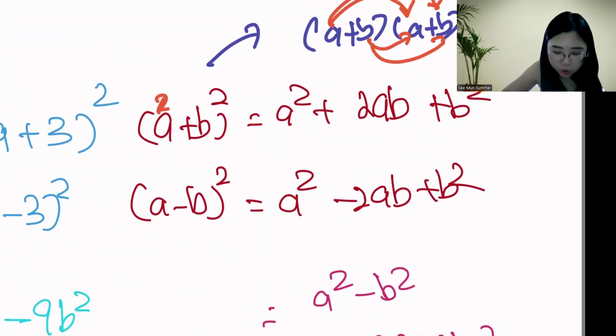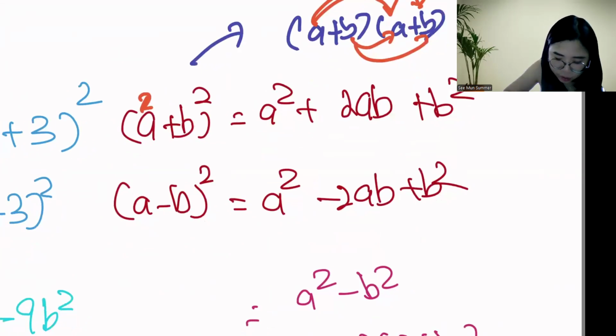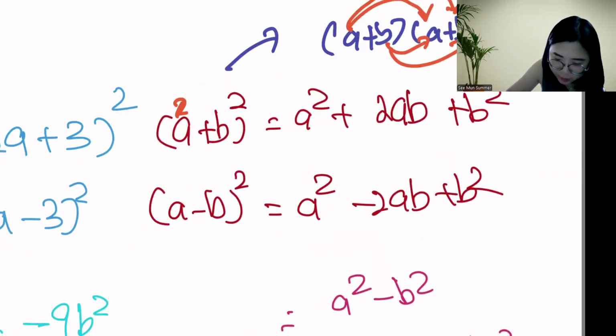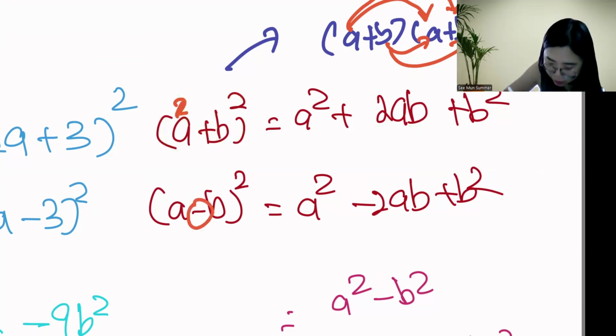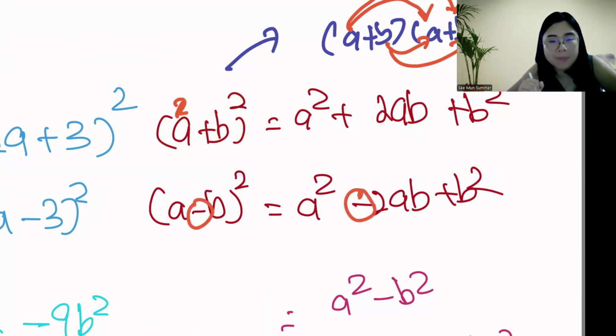So I know that it's 2 times a times b, so it's 2ab. If it happens to be minus, then the middle will be minus. But a squared and b squared will always be positive. Why? Because a square will always be positive. Even though minus 1 times minus 1, it will also be positive, because negative times negative will be positive.